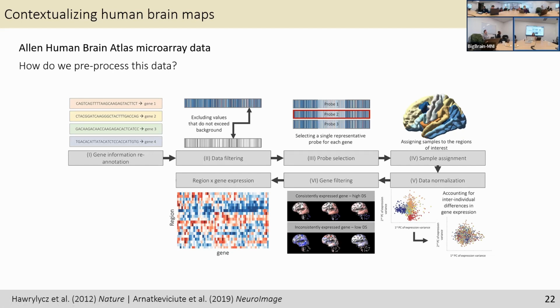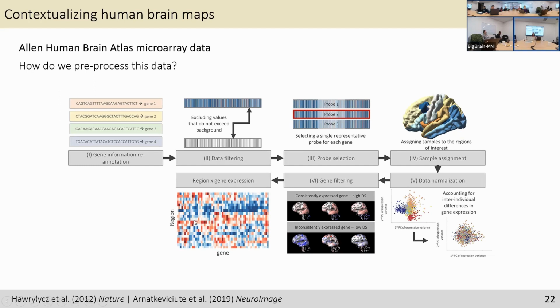So you want to normalize across subjects to get information that is reliable across subjects. You might also sometimes want to filter out genes that are not consistent across the individuals. If a gene is not consistently expressed across different individuals, you might think it is not accurately captured, that there might be noise in the probe, and it might not be very useful to you. So you might want to filter out those genes.